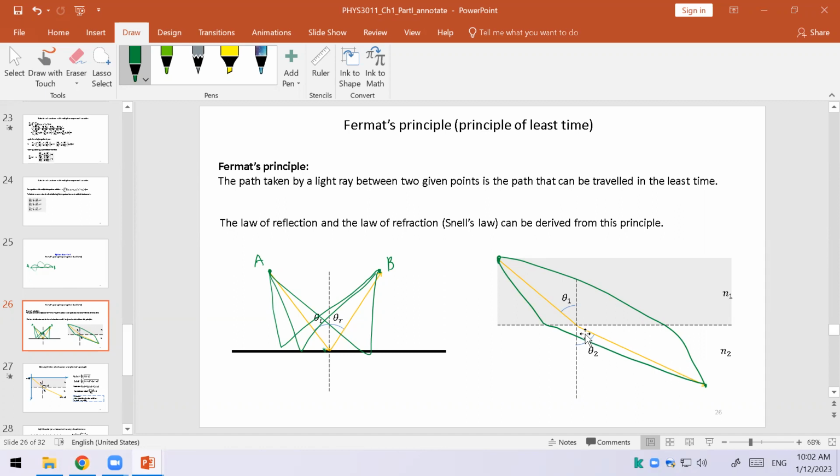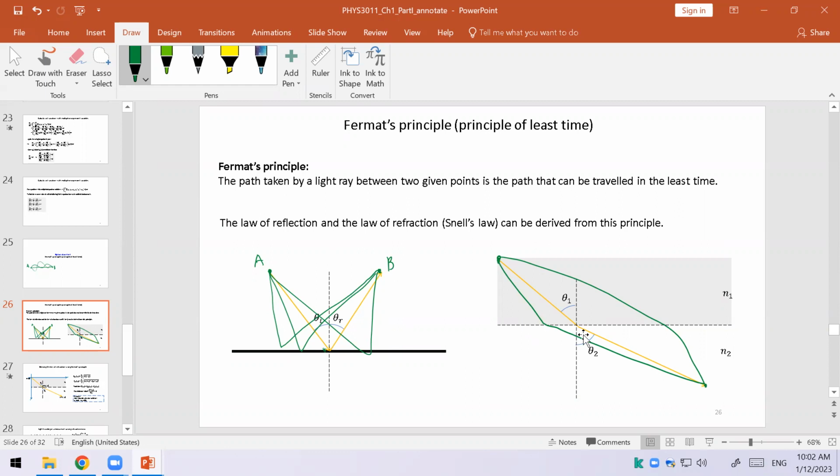So you want a shorter path over here and a longer path over there in order to take the least time. But it cannot be too much. If you take this path, for example, although the first path will be further shortened, the second path will become really long.